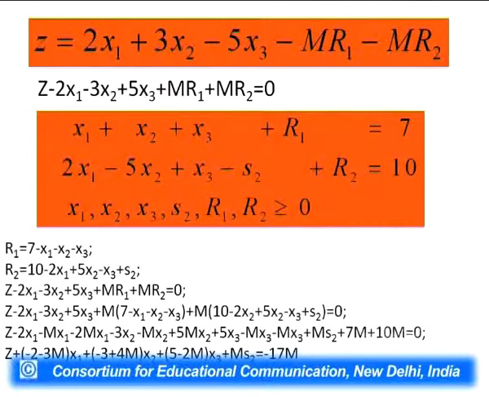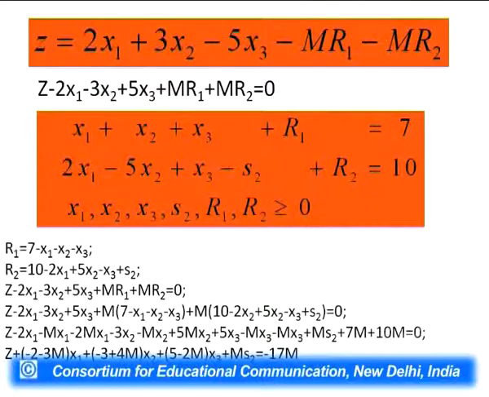Now, as I said, we are to get rid of R1 and R2 from this equation. What are we going to do? We will put the values of R1 and R2, and these values we will get from the constraint equations. The first constraint equation says that x1 plus x2 plus x3 plus R1 is equal to 7, and this can be written as R1 is equal to 7 minus x1 minus x2 minus x3.